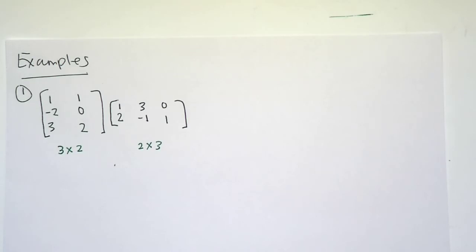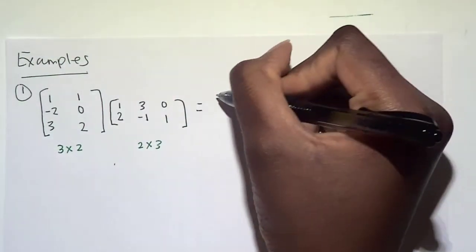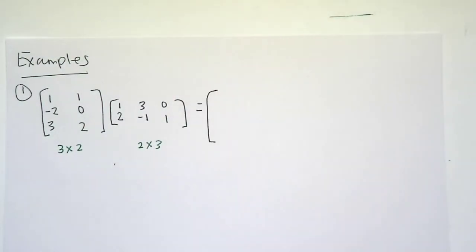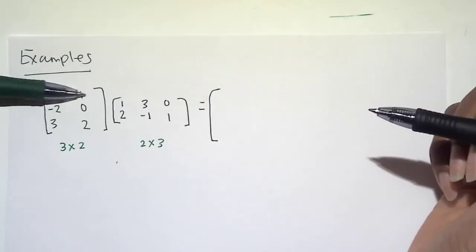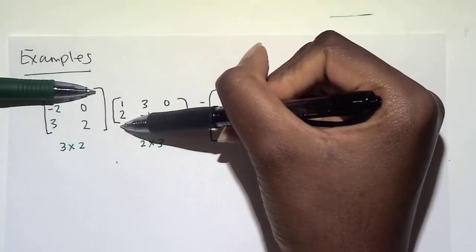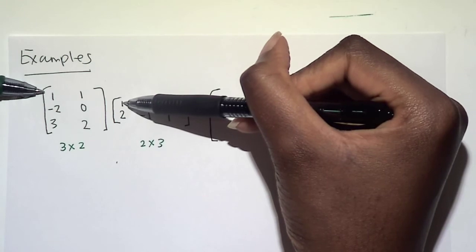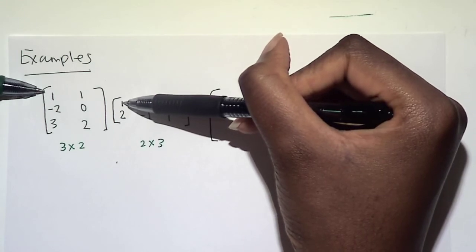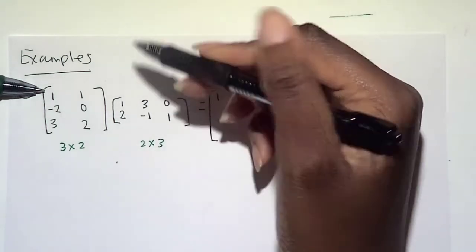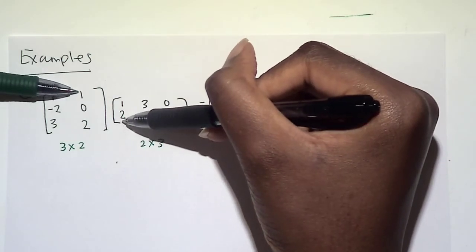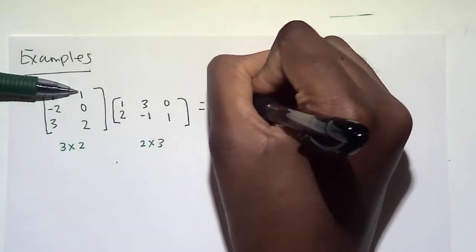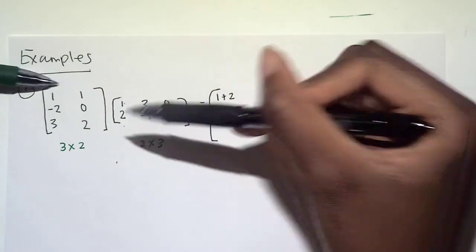All right, so let's take a look at how this works. I know my result is a 3 by 3, so how do we do this? Well, we are going to go across the first matrix, down the second. So we're going to look at 1 times 1, which is 1, plus 1 times 2. And this is where we get our first component.